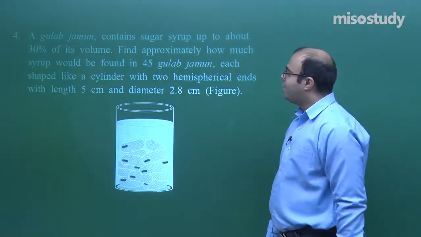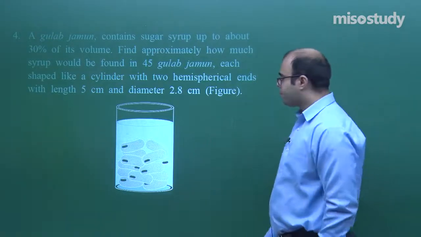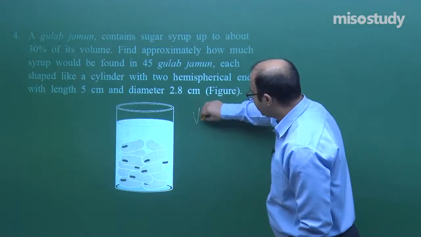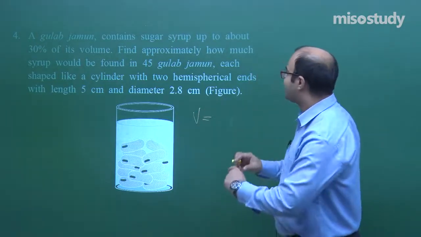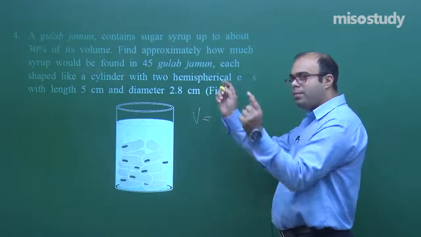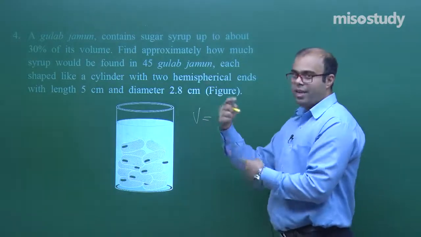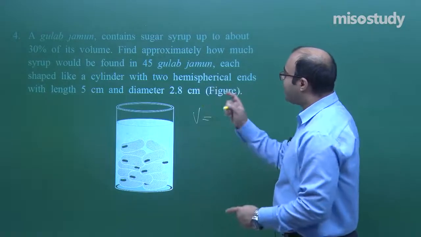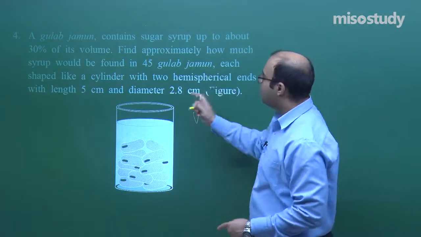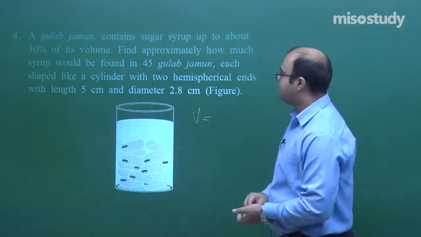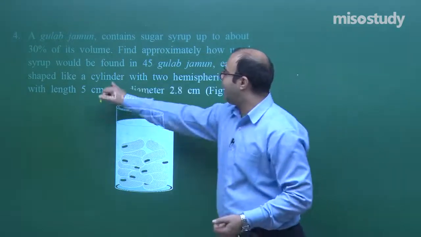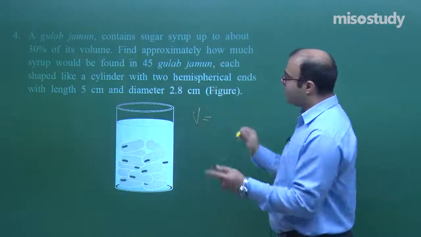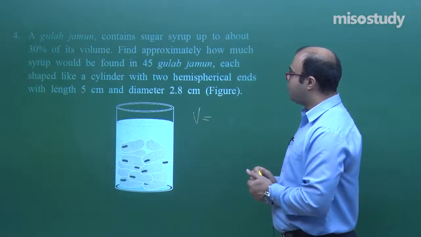So, first let us find the volume of 1 gulab jamun. Since it is a shape of a cylinder with 2 hemispherical ends, it is a similar figure as we saw in the case of the capsule. So, the cylindrical part has length 5 centimeter. It is said each is shaped like a cylinder with 2 hemispherical ends with length 5 centimeter and diameter 2.8 centimeter.